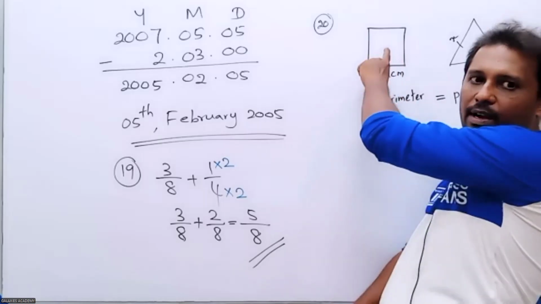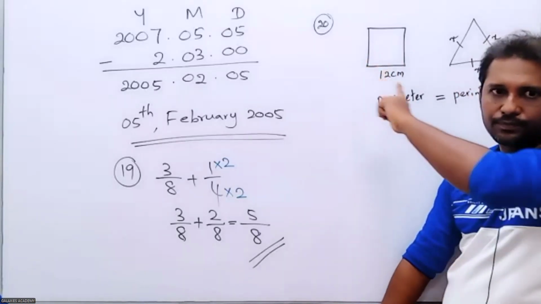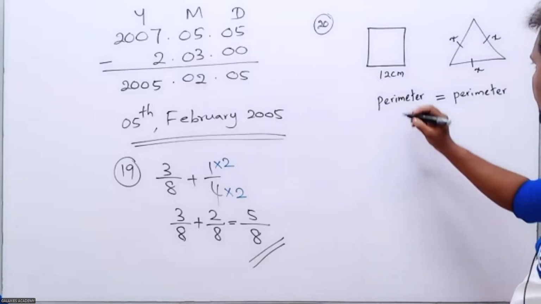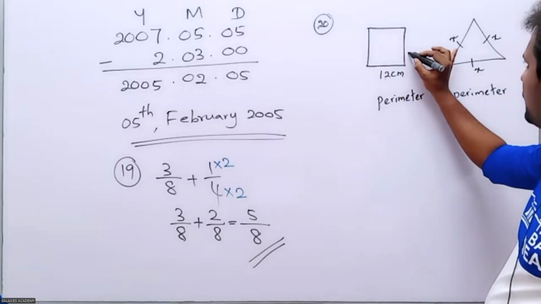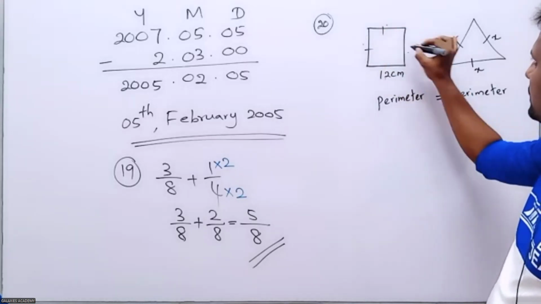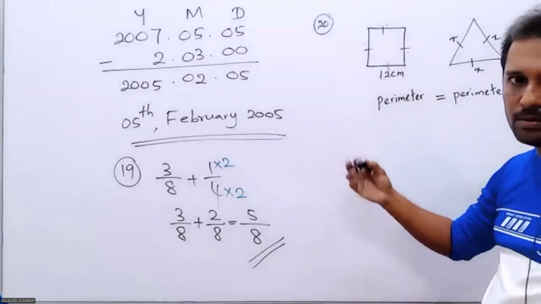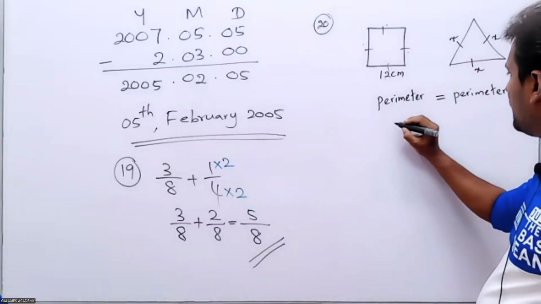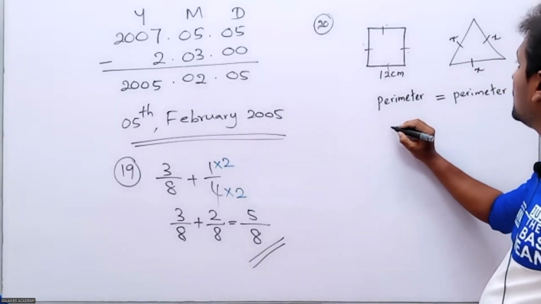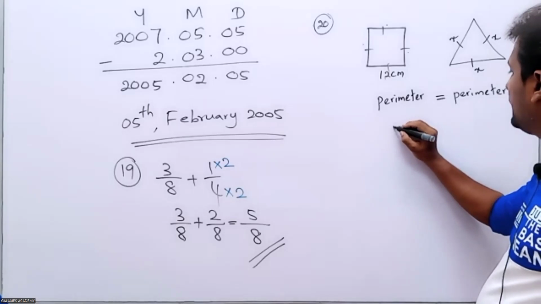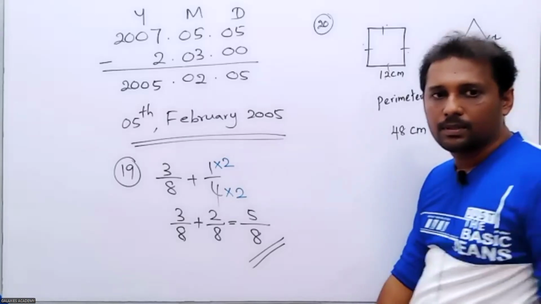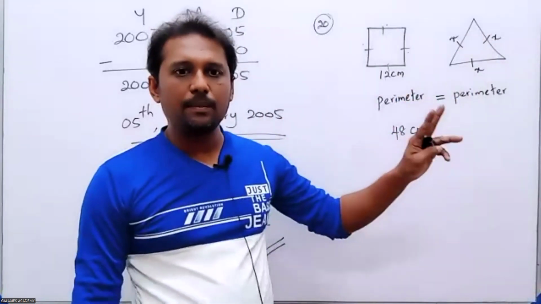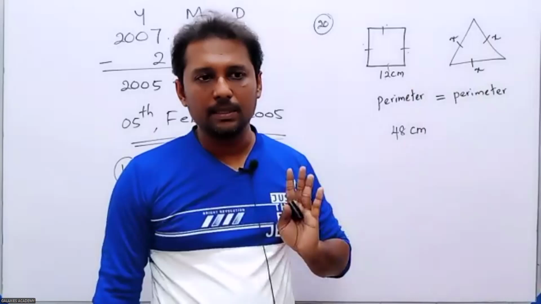Right. First, I can find the perimeter of the square. What's the perimeter of the square? This perimeter should be 12 plus 12 plus 12 plus 12. No? That means 12 times 4. Right? So perimeter is equal to 48 centimeters. These two figures' perimeters are equal, as the question says.